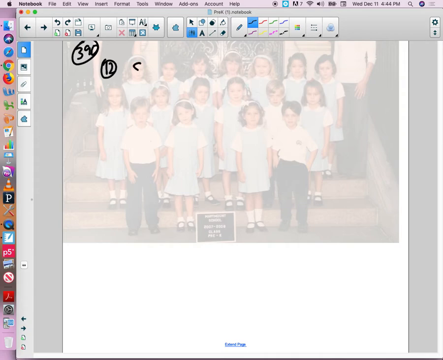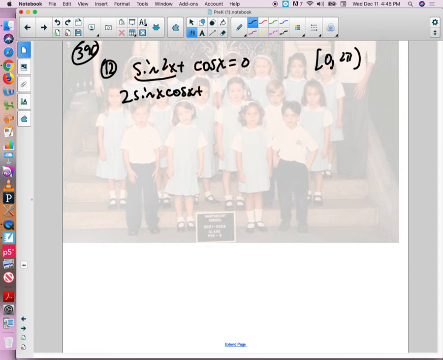Sine 2x plus cosine x. Now we're solving the equation, and we're doing it on the interval 0 to 2 pi. So I'm going to change this to 2 sine x cosine x plus cosine x equals 0.